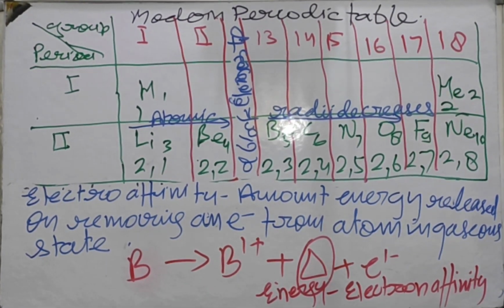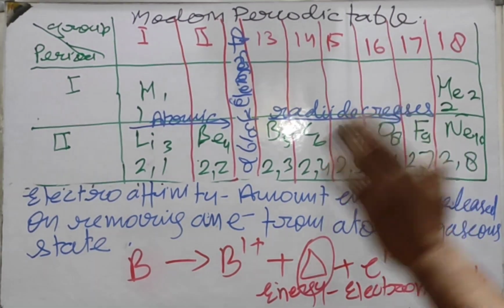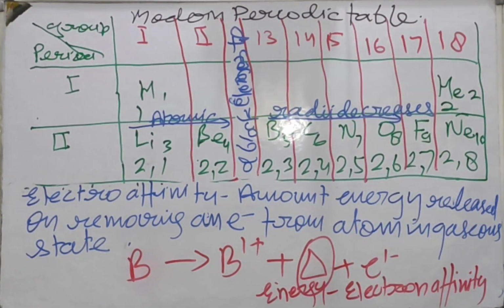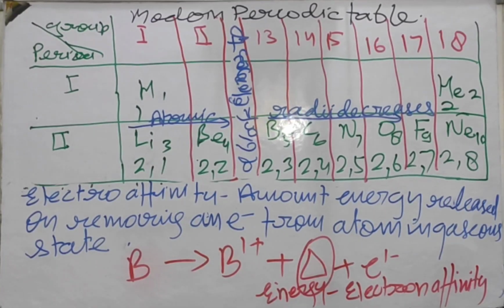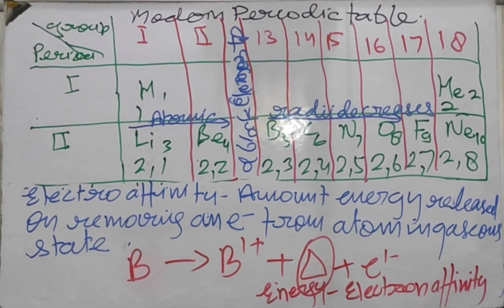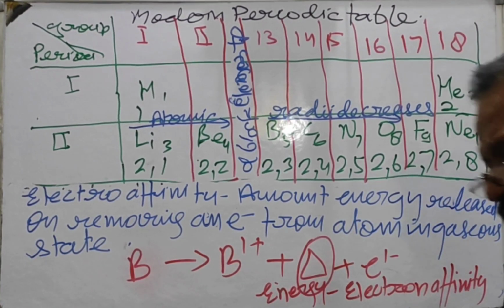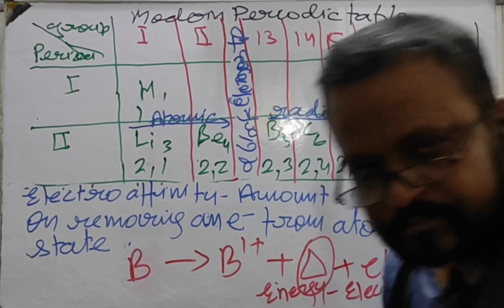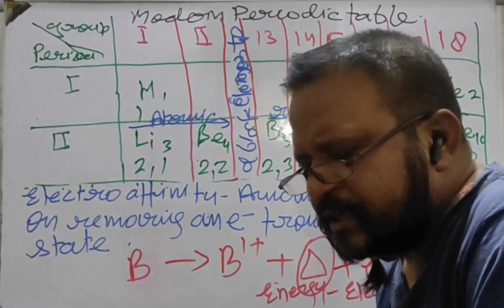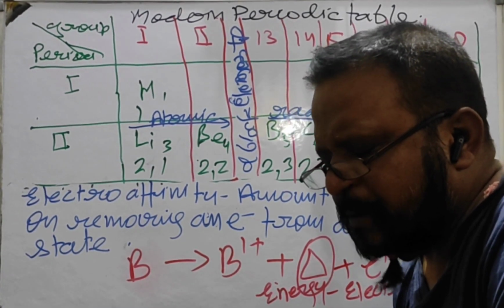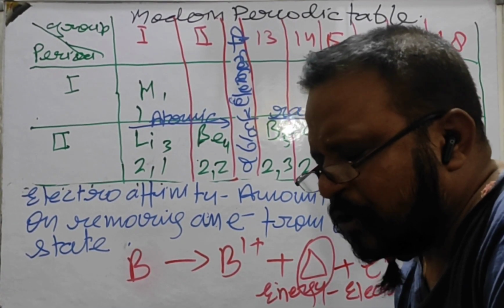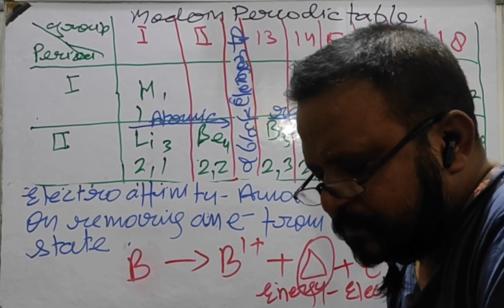So this much you have about your periodic table. You come to know how to find out the group or period of an element in the periodic table. The number of shells represents the period, and the number of valence electrons represents the group.